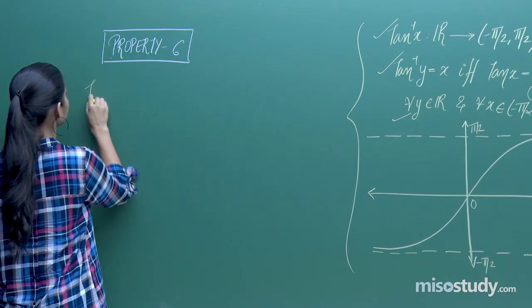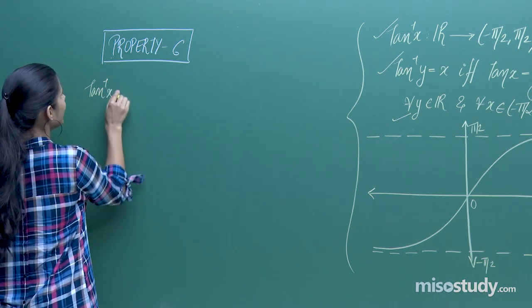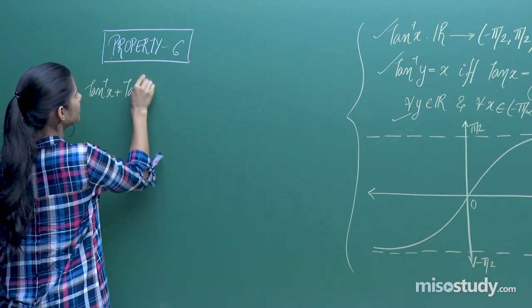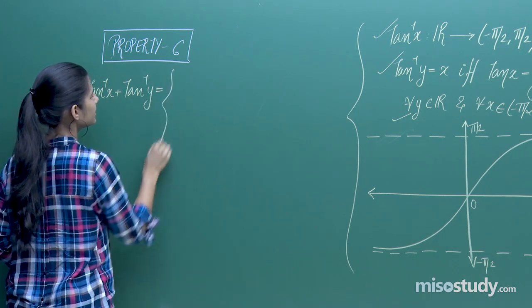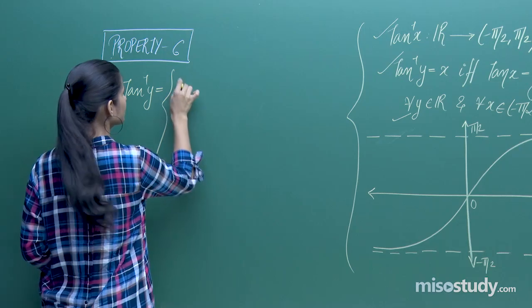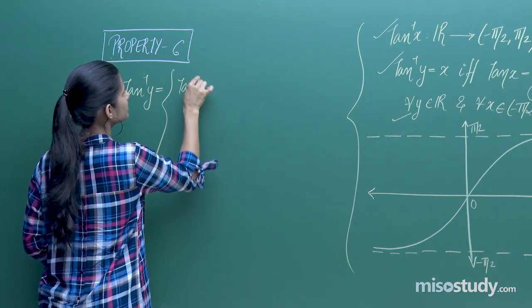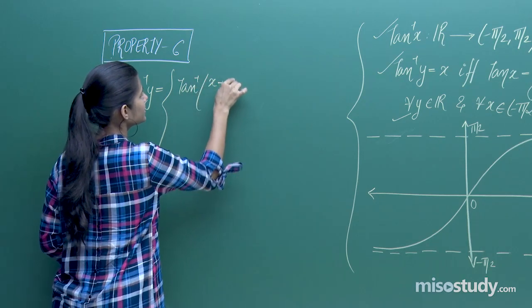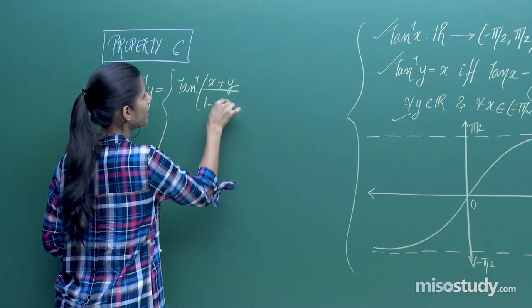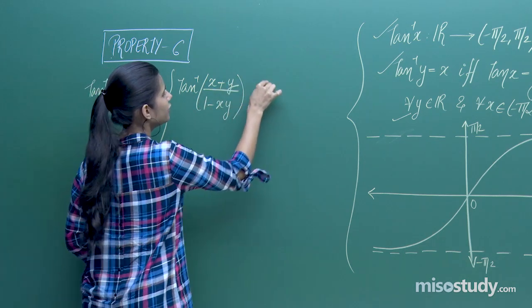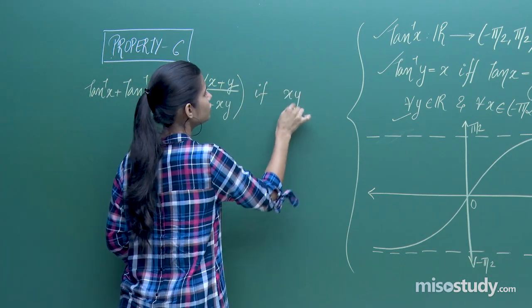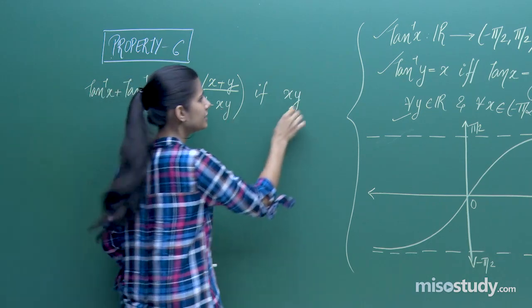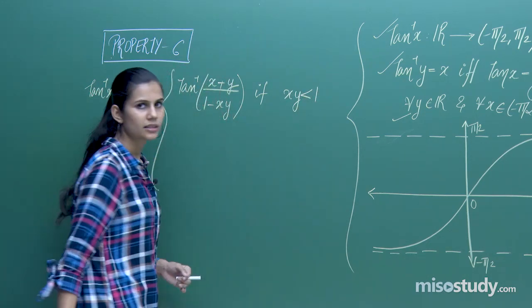So we have tan inverse x plus tan inverse y is equal to tan inverse of x plus y upon 1 minus xy if x into y, this product, is less than 1.